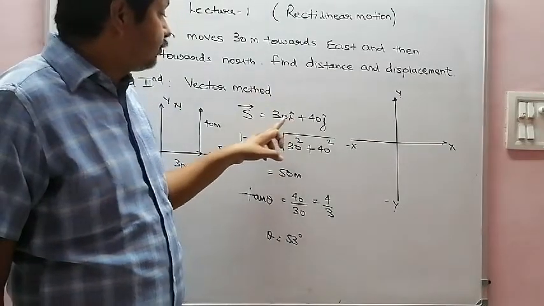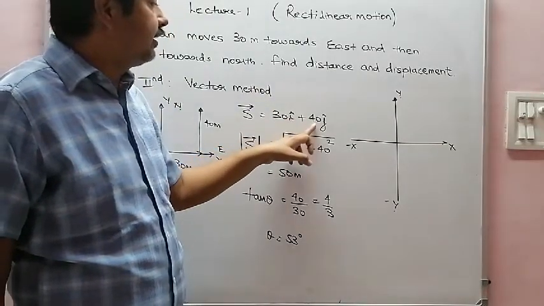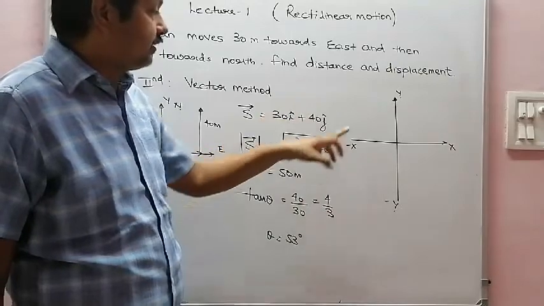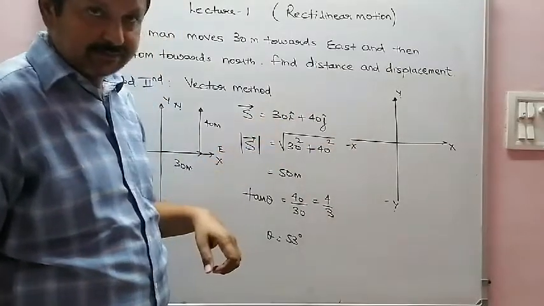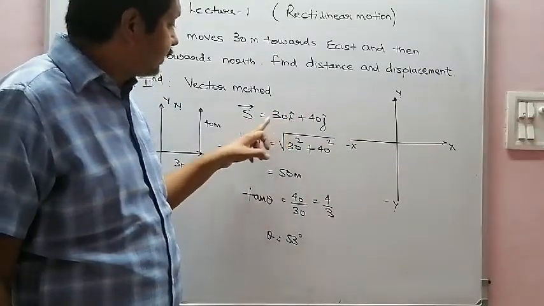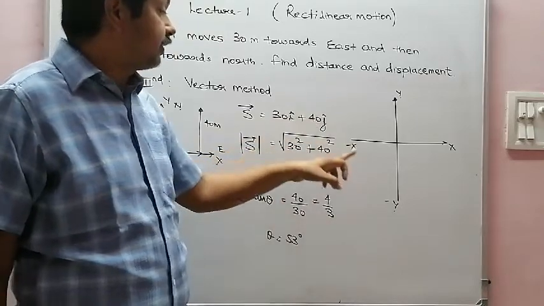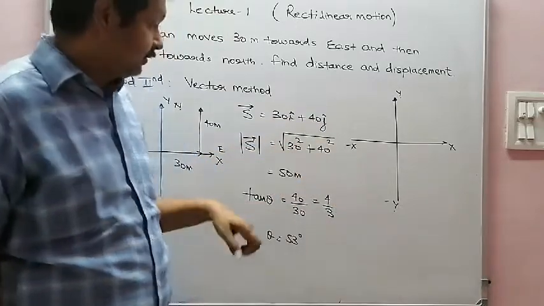If i cap component is negative and j component is positive, this vector lies in second quadrant. If i cap is negative and j cap is negative, this vector lies in third quadrant.